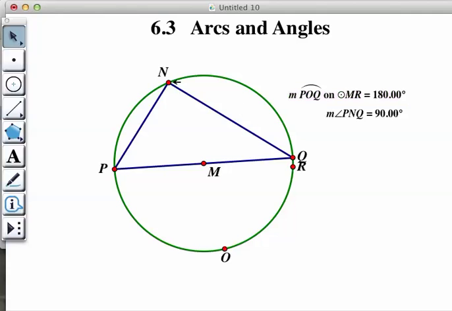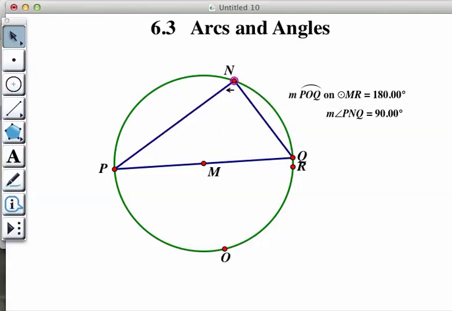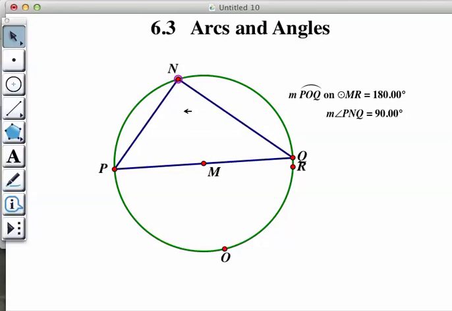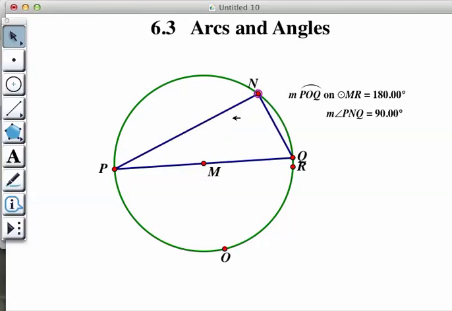So I could say that any angle inscribed in a semicircle, no matter where it's inscribed, will be equal in measure to 90 degrees. Any angle inscribed in a semicircle is a right angle.